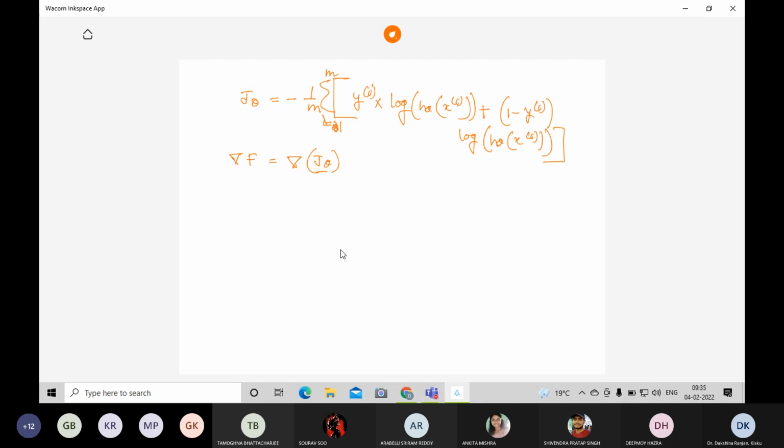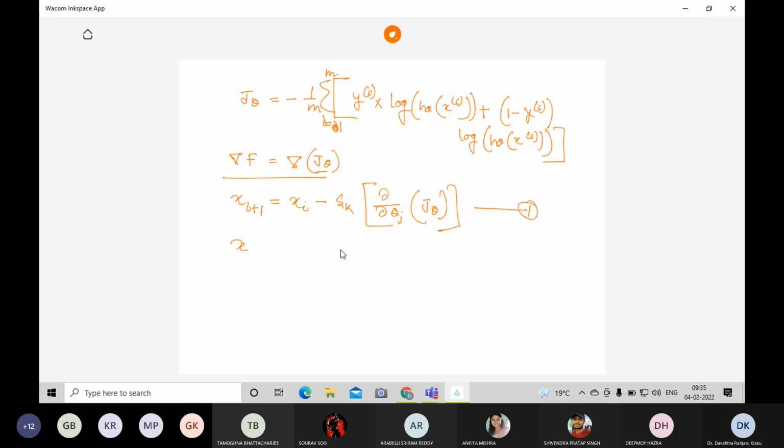If we plug this gradient of J theta into our minimization functions, for example the steepest descent function, then we can have del by del theta of J theta. So this is for the steepest descent.